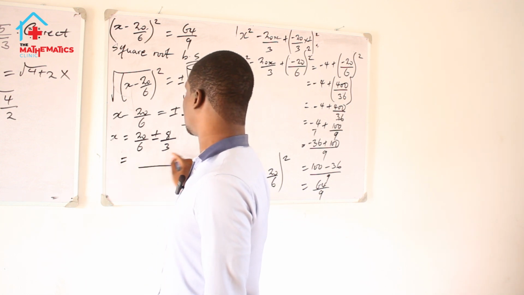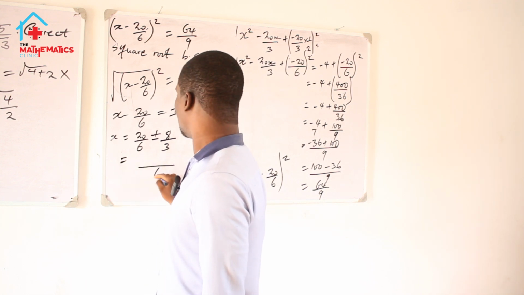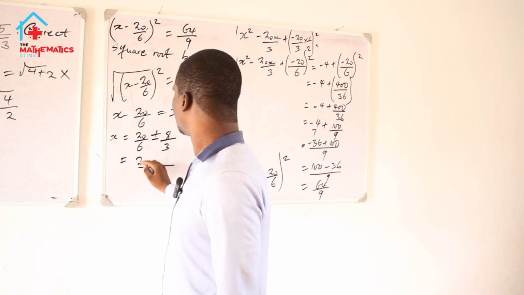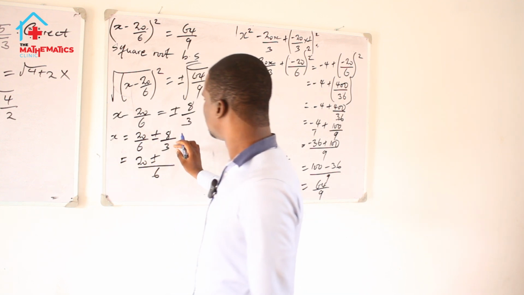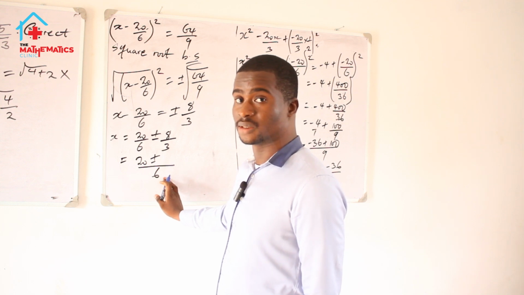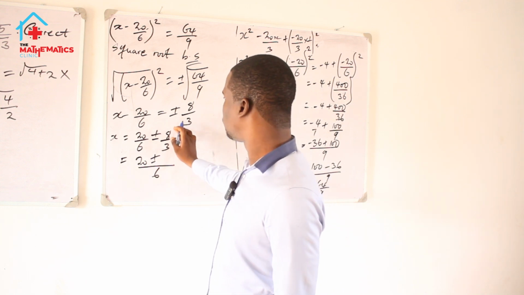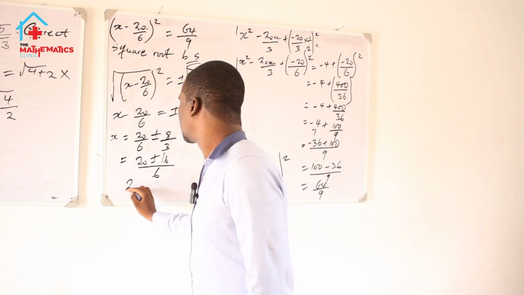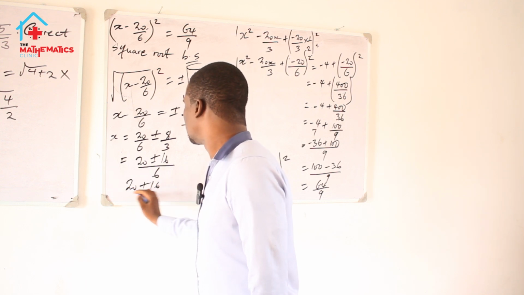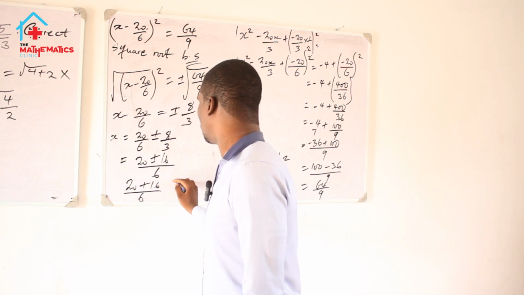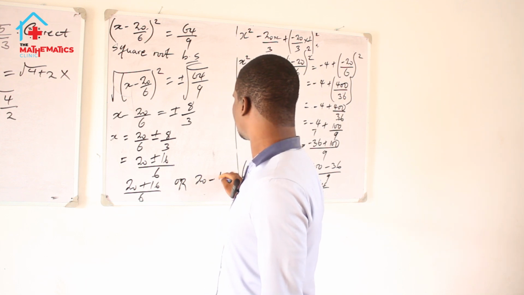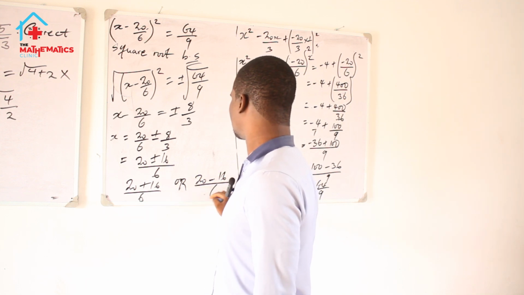The LCM is 6. So 6 in 6 is 1, multiplied by 20, plus or minus 3 in 6, you'd have 2 multiplied by 8, which is 16. So you're having 20 plus 16 all over 6, or 20 minus 16 all over 6.